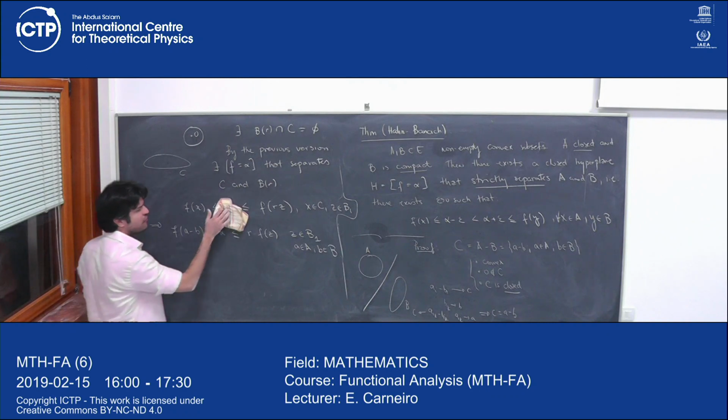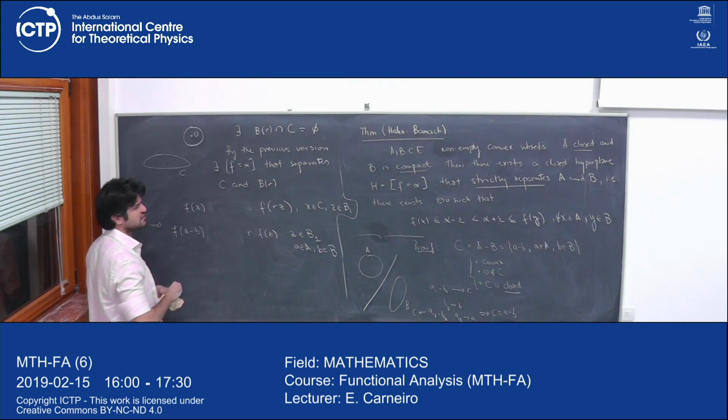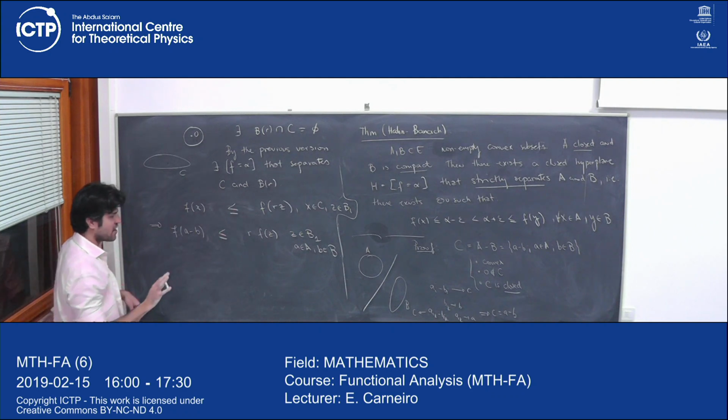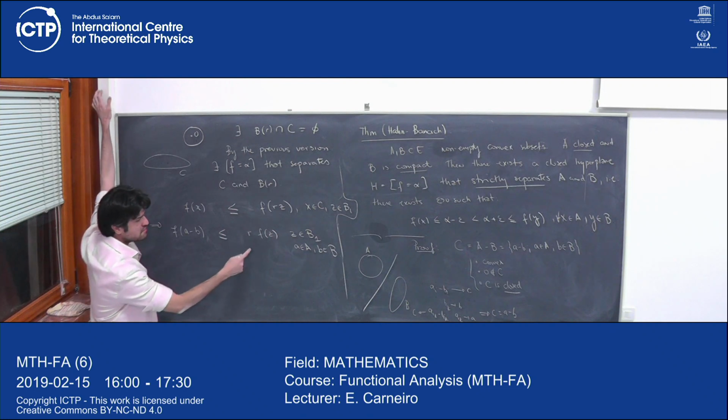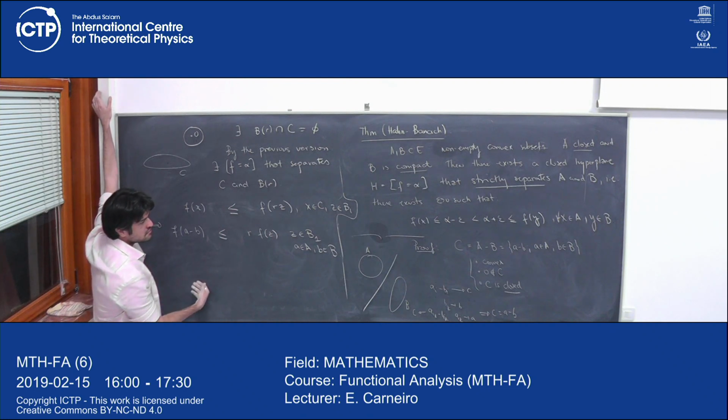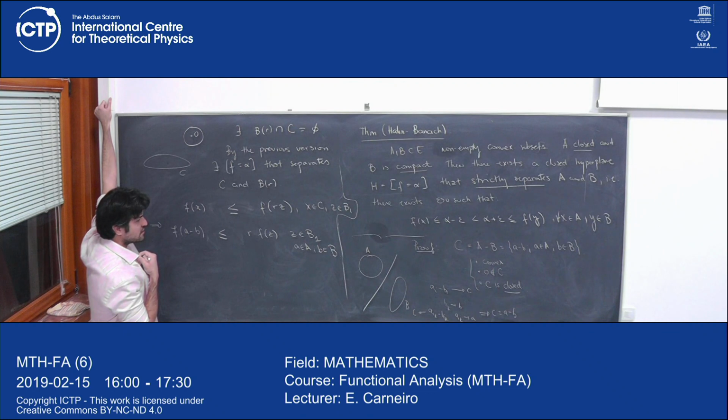Well, I don't even need this alpha here, so allow me to take it off. So let's just put this. Now, this is a number. Because f is bounded, we can remove f of z, or just put the supremum.